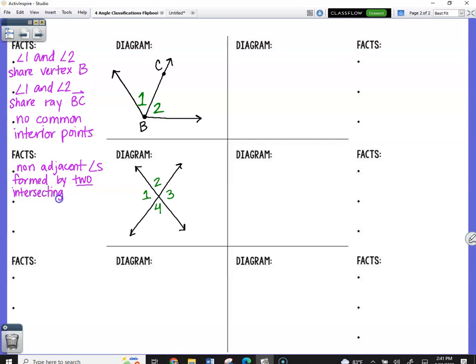This is a lot to write. This is the only one that has a lot to write. Non-adjacent angles formed by two intersecting lines.